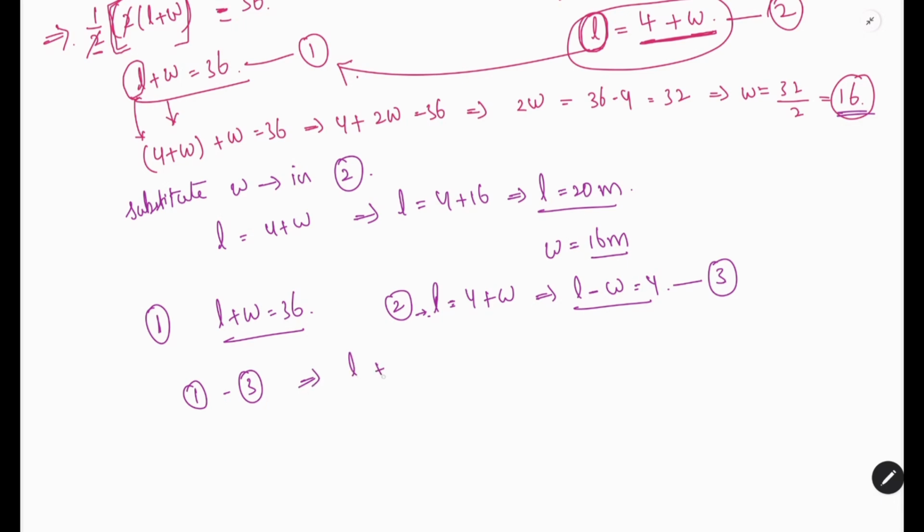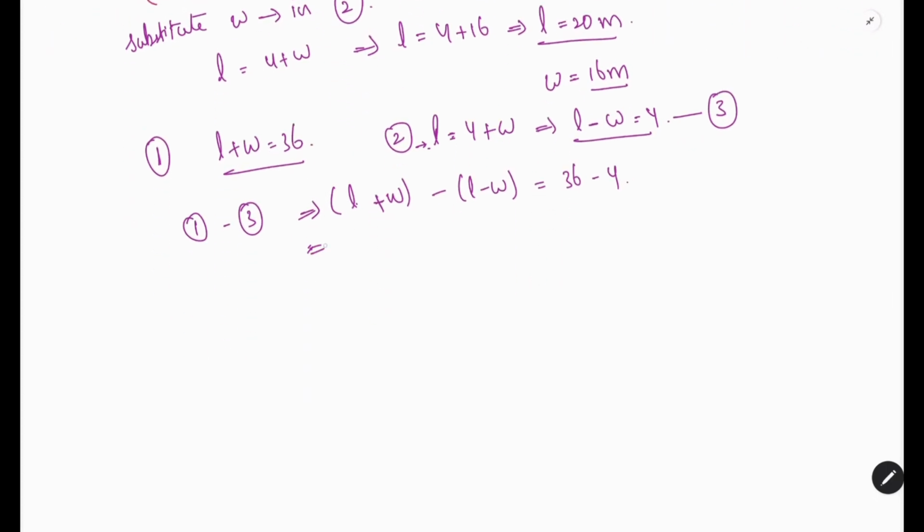Left hand side minus left hand side equal to right hand side minus right hand side. Length plus width minus (length minus width) equal to 36 minus 4, which is 32. Minus L and plus L get cancelled. So 2 width equal to 32. So width equal to 32 by 2, it is 16.